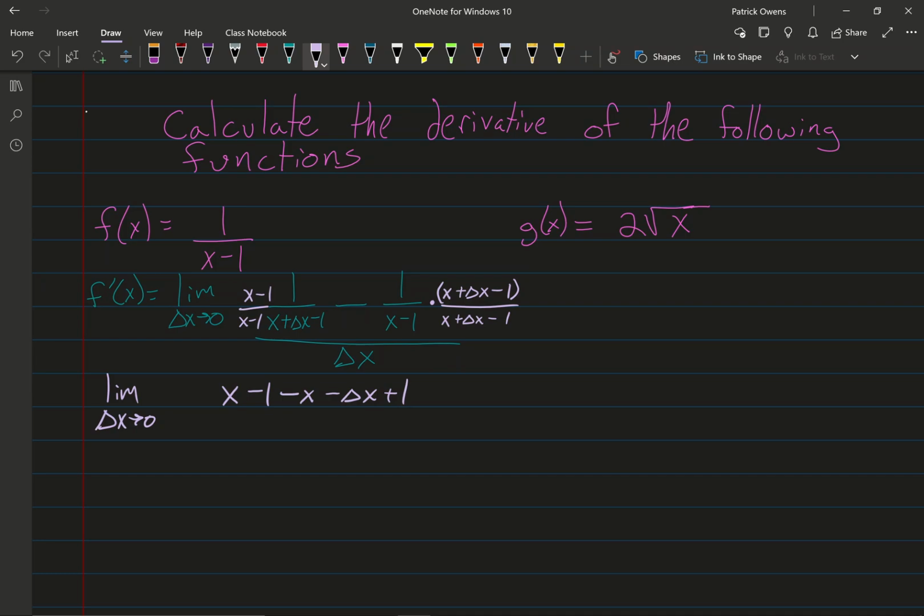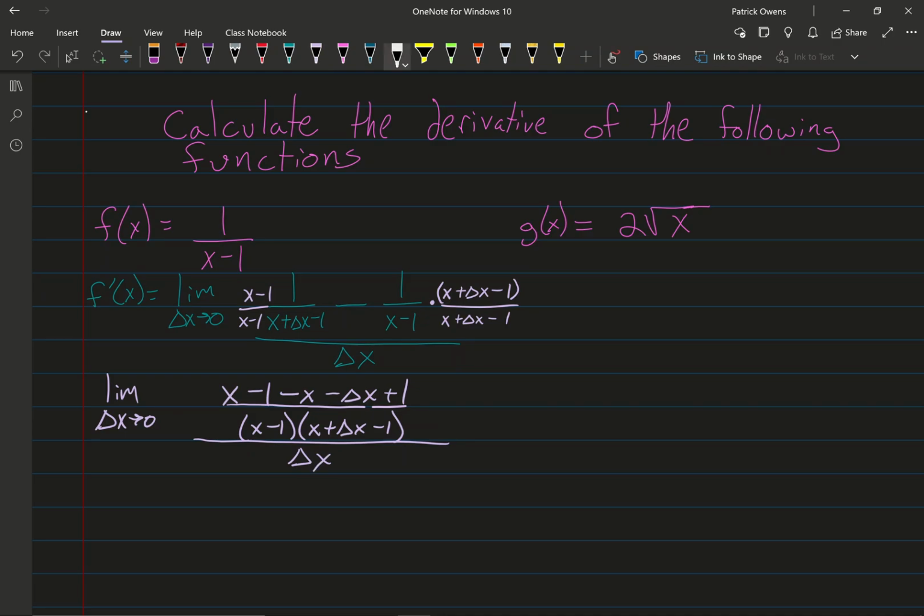If there is a term after we combine like terms that does not have a delta x in it, then we did something wrong and need to double check. Our denominator in the numerator is x minus 1 multiplied by x plus delta x minus 1. We do not need to multiply that all out. That is all still divided by delta x.